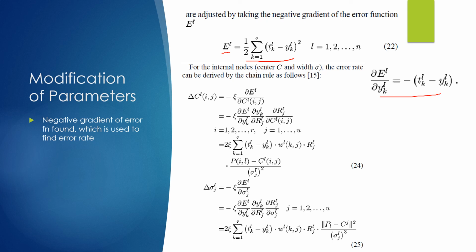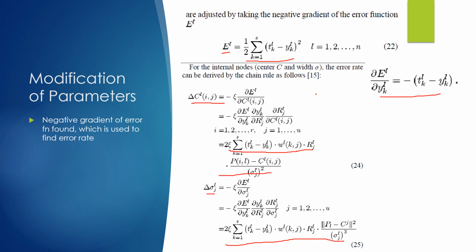Since the error signal is generated only at the output layer, the error signal for that particular node is backpropagated through the neural network, and at every node the local gradient is again computed and the synaptic weights are adjusted accordingly. As we can see over here, the changes in the parameters are again partial derivatives of the error function, and using the chain rule we have split them into these corresponding values.